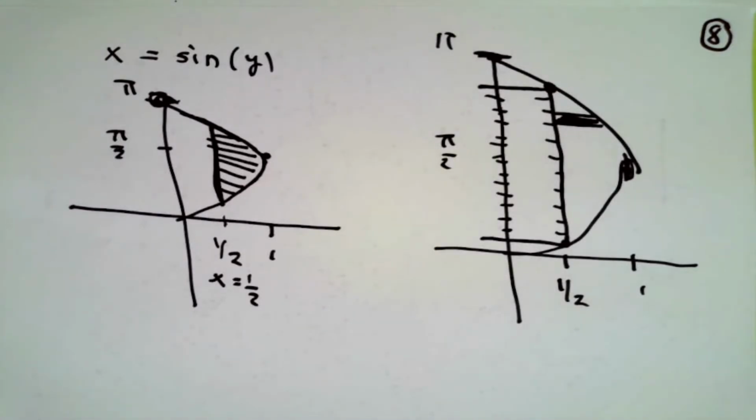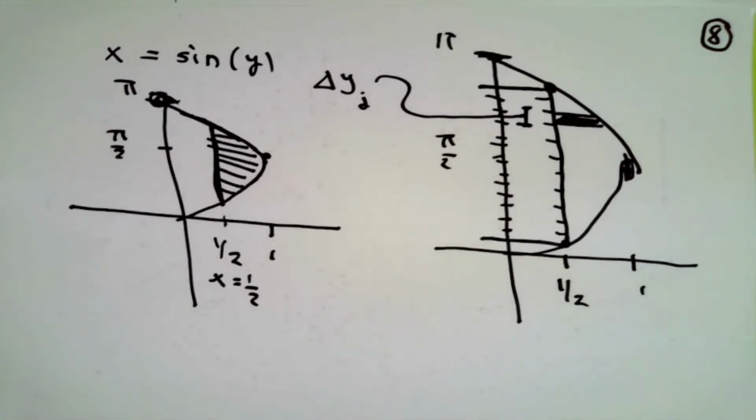I'll have a horizontal rectangle. The vertical extent of it I'll call delta y number j, since y is the independent variable now. My rectangle is horizontal. The other dimension of it is the biggest x value minus the smallest x value.